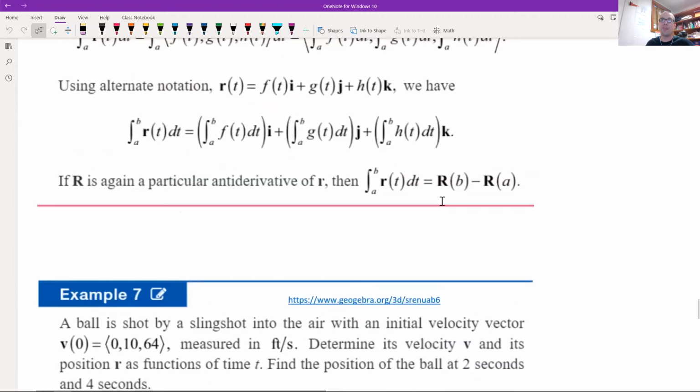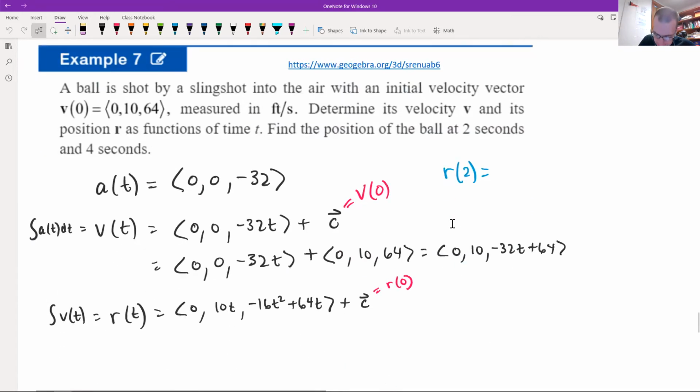But using the fundamental theorem of calculus, you could take the integral from 0 to 2 of v of t to get your answer that way. And that would give you the same vector.